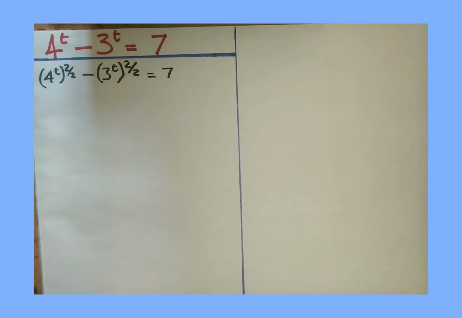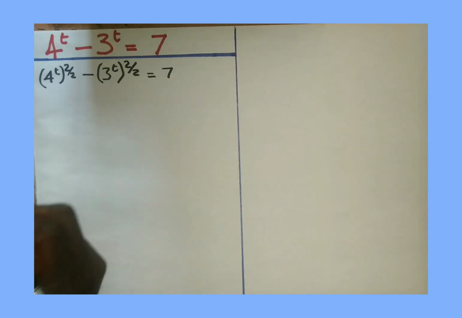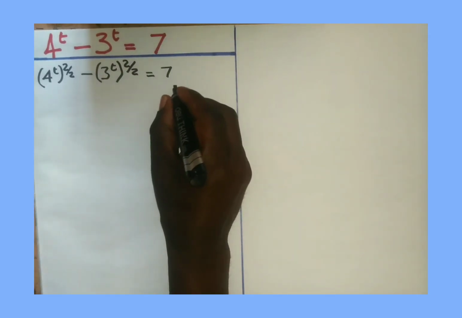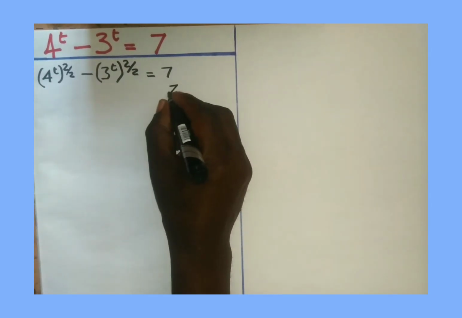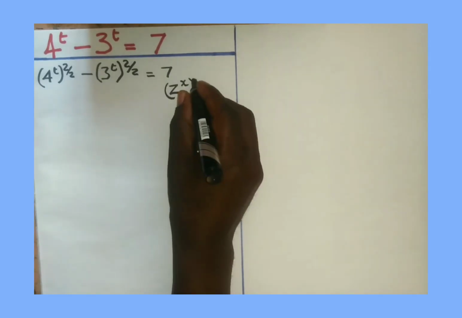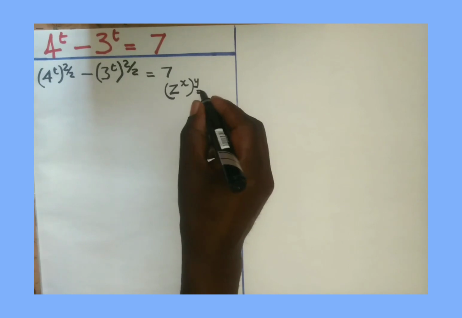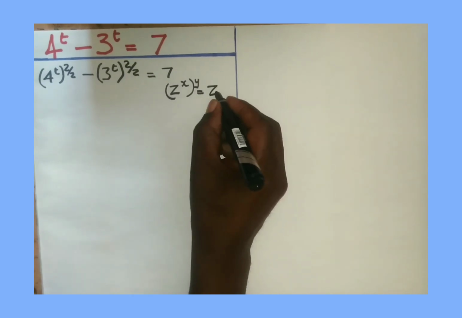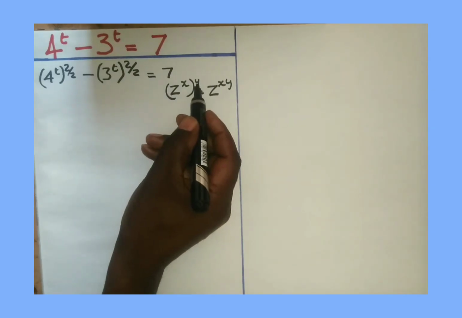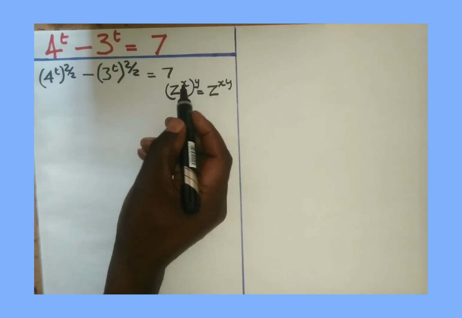Our next step now is to use the laws of indices. I'll write it like this. We know that if you have z to the power x, in brackets, to the power y, this is equal to z to the power xy. In other words, I can bring the power outside the brackets inside the brackets.